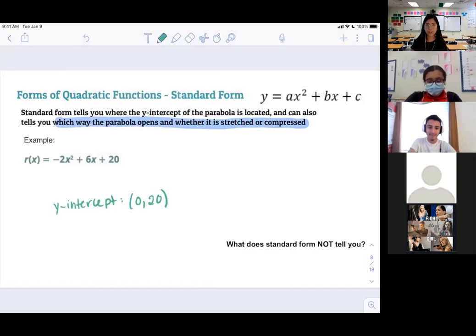How do I know that information? Which number tells me this? How do I know if it opens upwards or downwards? Is it negative 2x squared? The negative 2. That is the leading coefficient.